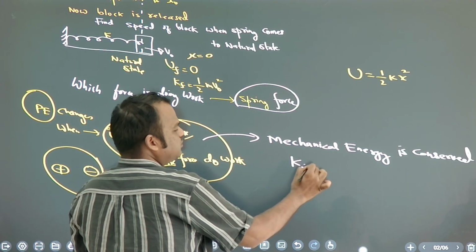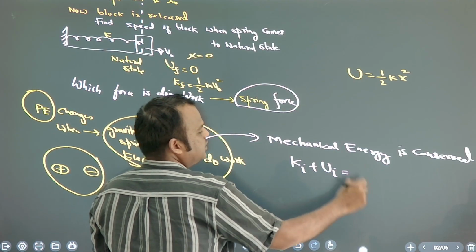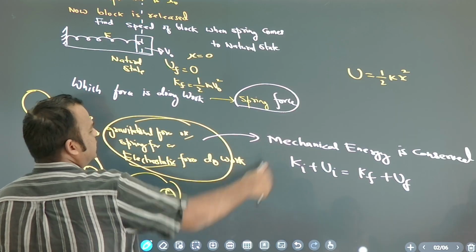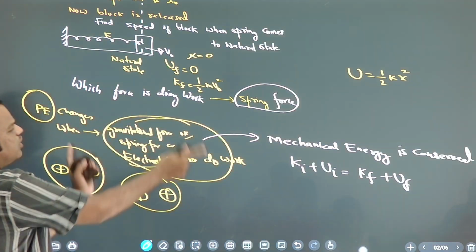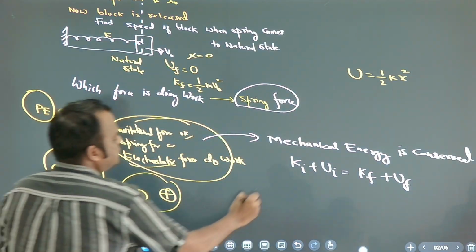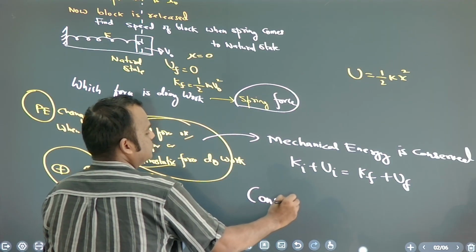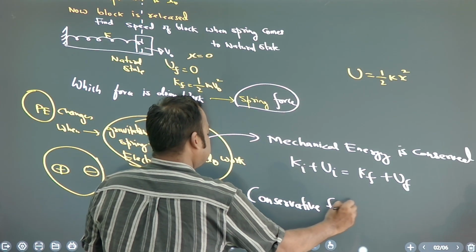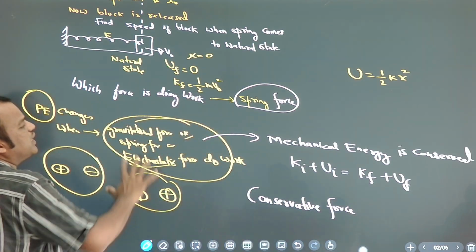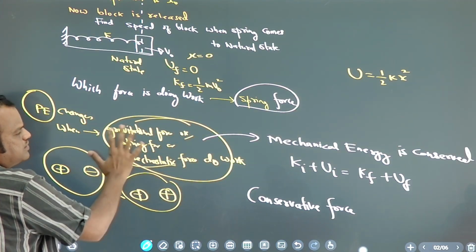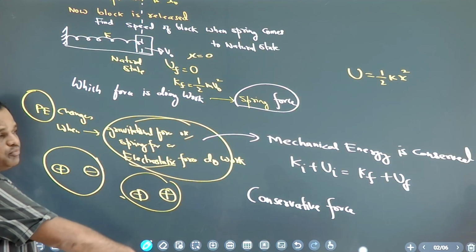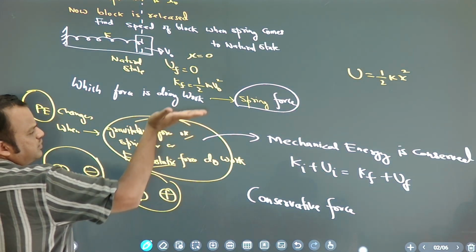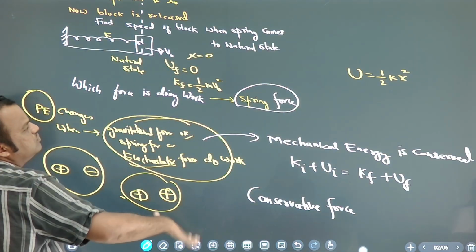K initial plus U initial is equal to K final plus U final. Remember this. That's why we call these forces conservative forces, because mechanical energy is conserved in these. If kinetic energy is decreasing, potential energy increasing. If kinetic energy increasing, potential energy decreasing.